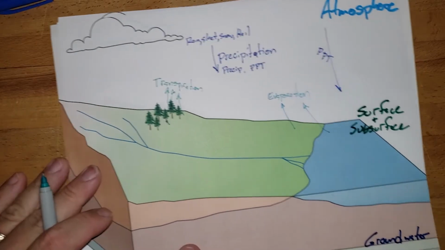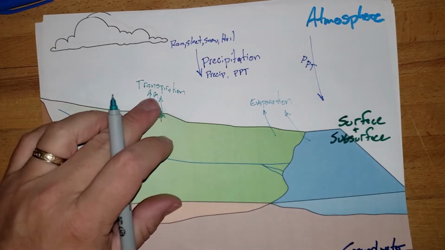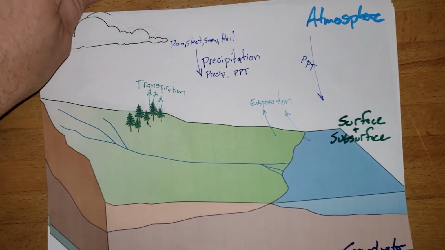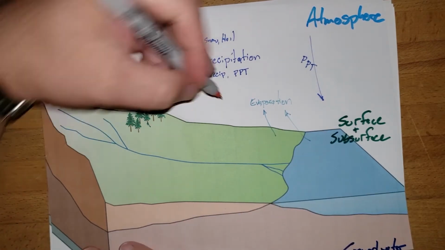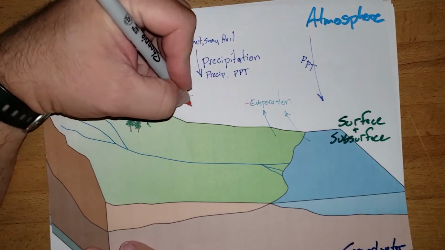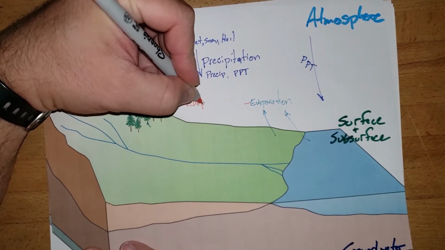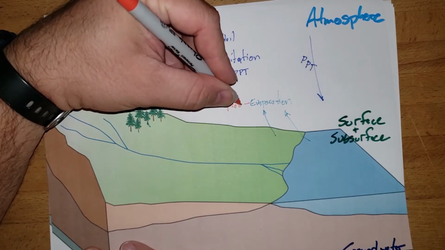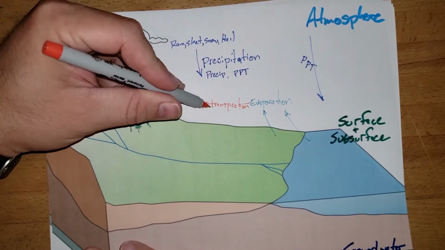Now, if we were to say evaporation and transpiration together all the time, it gets really long. So they've taken both terms and combined them together to be evapotranspiration. I'll try to write it a little bit neater over here.